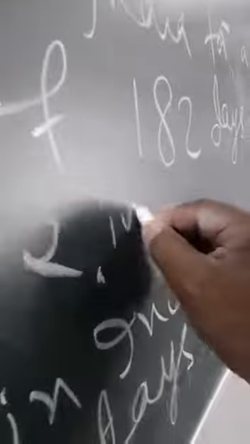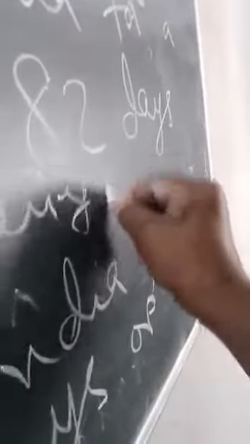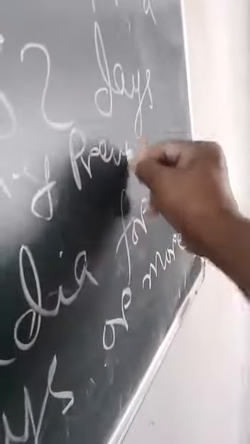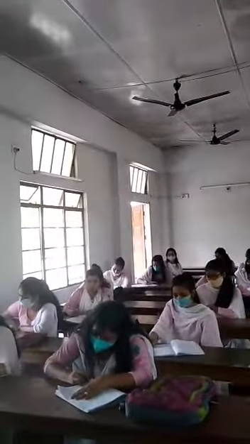One point is missing. See, number 1 condition: he is in India for a period of 182 days or more in the previous year. Please write here, during the previous year. This is missing. Condition 1 is 182 days or more during the previous year.